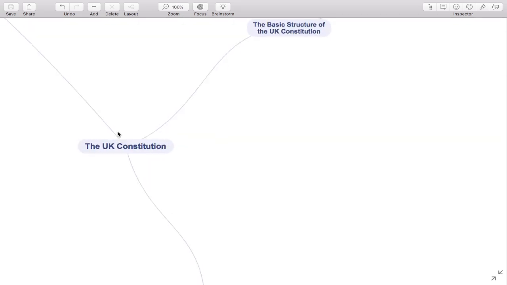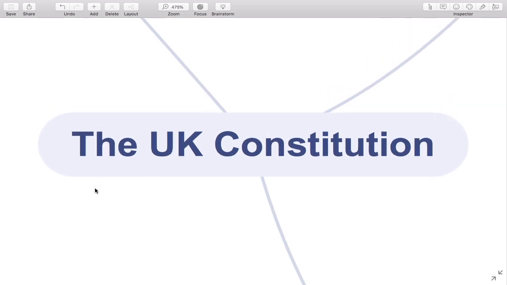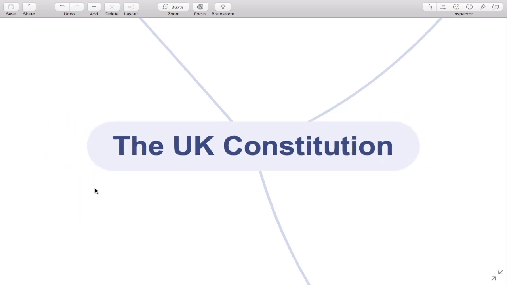But for now, let's just take a look at this topic in more detail. This topic is on the UK Constitution. The previous study video looked at the nature of the Constitution in its generality, i.e. what does it mean to call something a constitution, what actually is a constitution, how do constitutions work, what things actually have constitutions.